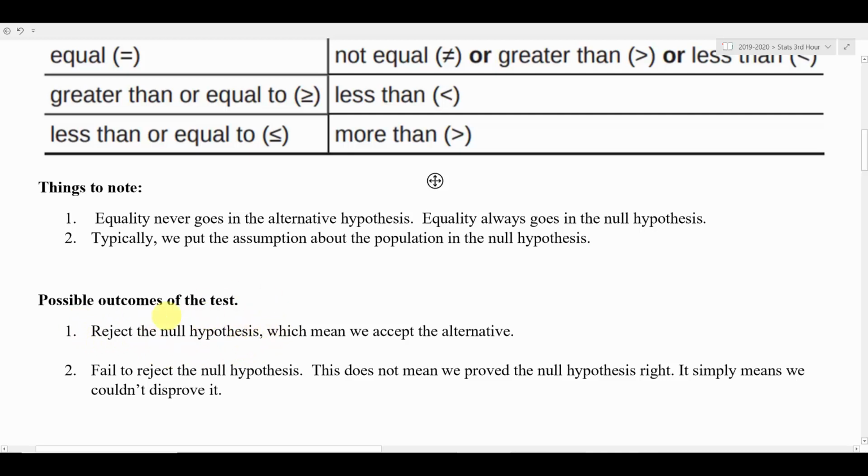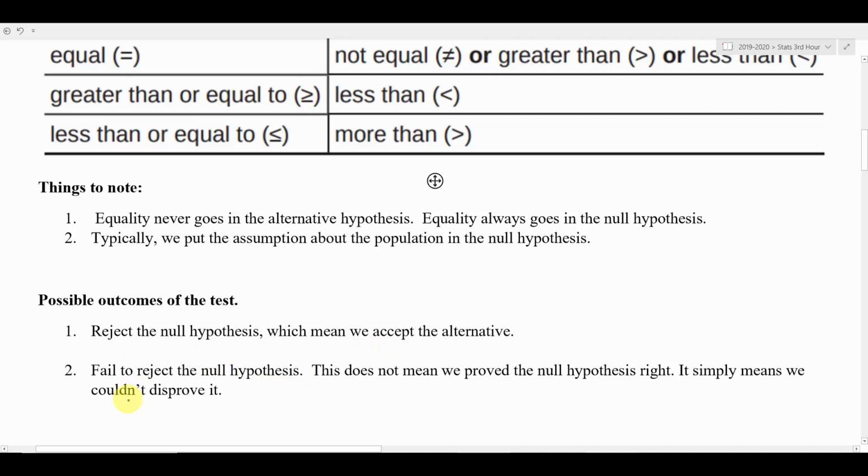And if we reject the null hypothesis, then we are accepting that the alternative hypothesis is true. Okay, so we can reject the null, which means we accept the alternative. All right, so if I reject that the mean height of men is 70 inches, then I'm accepting that the mean height is something different than 70 inches, right?